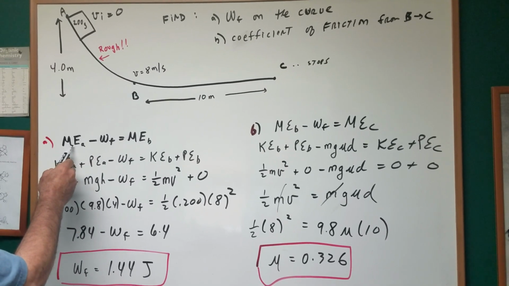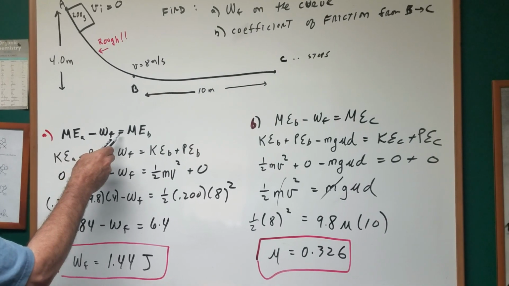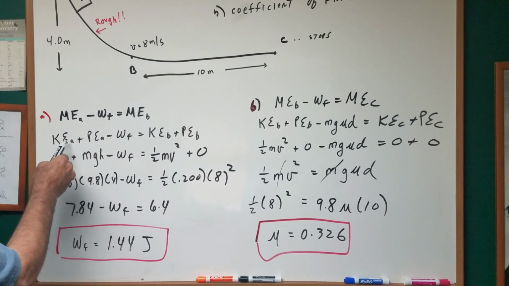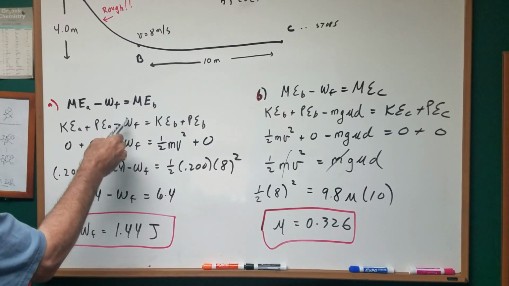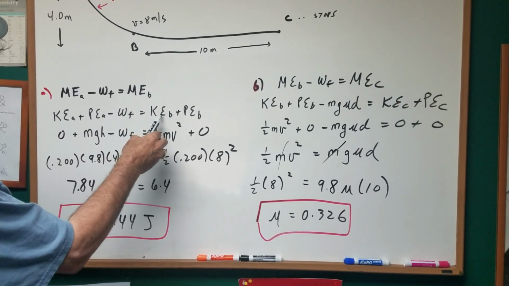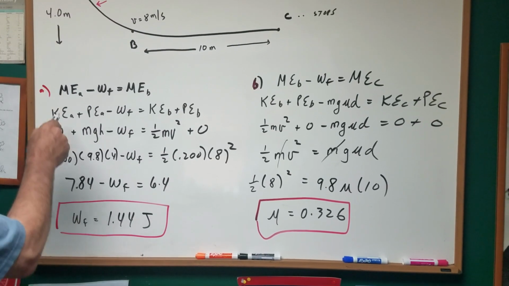So I'm going to write this as the mechanical energy at A minus the work of friction equals the mechanical energy at B. The mechanical energy at A is the kinetic at A plus the potential at A, minus the work of friction, equals the mechanical at B, which is the kinetic energy at B plus the potential energy at B.